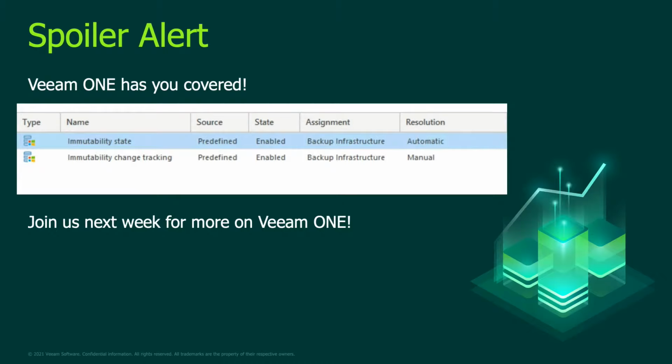And then also immutability change tracking, just making sure that your immutability isn't being changed or altered, especially if it's within a policy where you need to keep it for a certain period of time. So adding that extra visibility within your immutability settings and repositories is always a good idea, because you always need to be aware of what's going on.